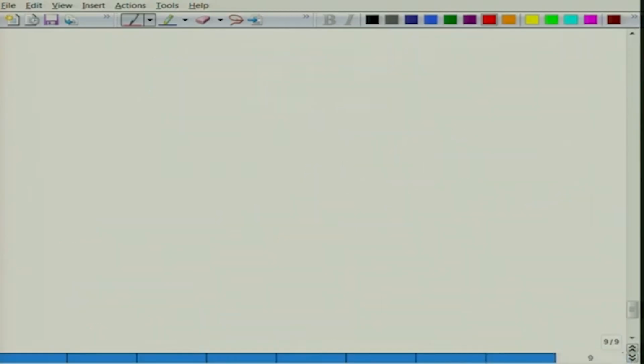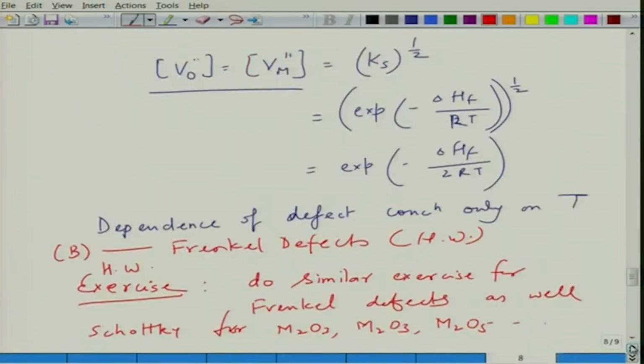And the answer in that case would be, let me give you the hint, you will get Mi will be equal to Vm, this will be equal to some constant K naught.